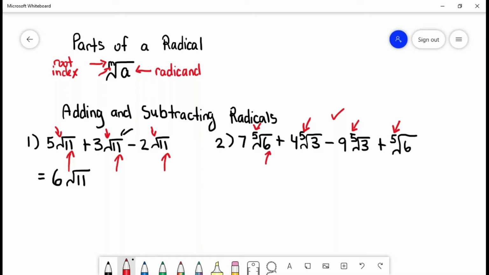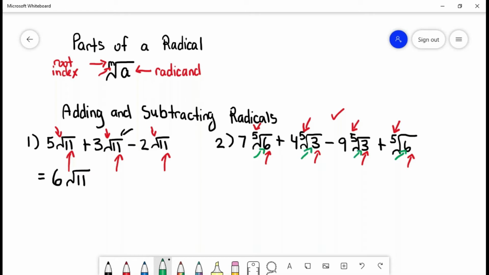There's a radicand of 6 here, a radicand of 3 here, a radicand of 3, and a radicand of 6. So unfortunately, all of the radicands are not the same. Therefore, all 4 of these terms are not actually like terms. However, as you can see, you have 2 terms here with a radicand of 6 and another 2 terms here with a radicand of 3.